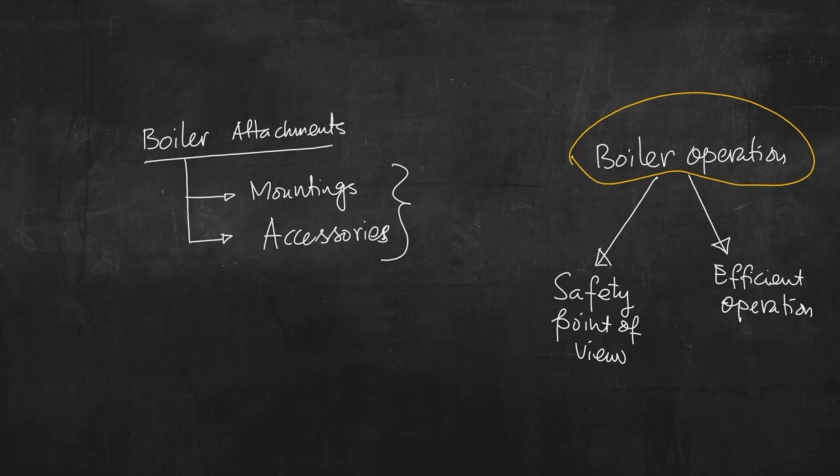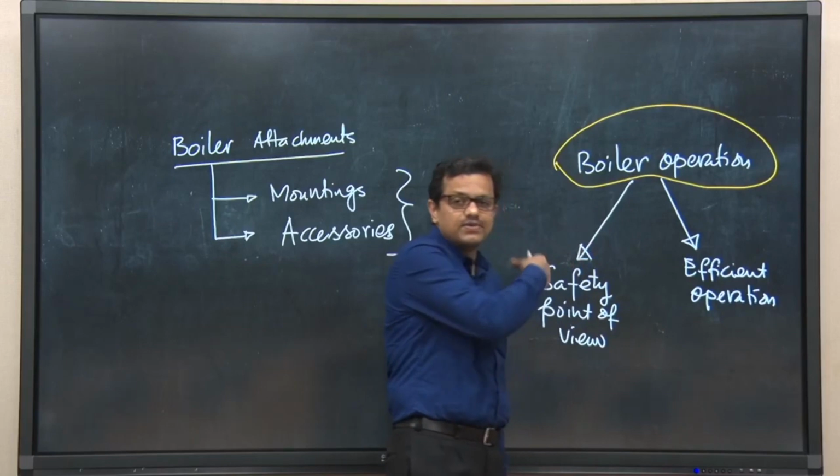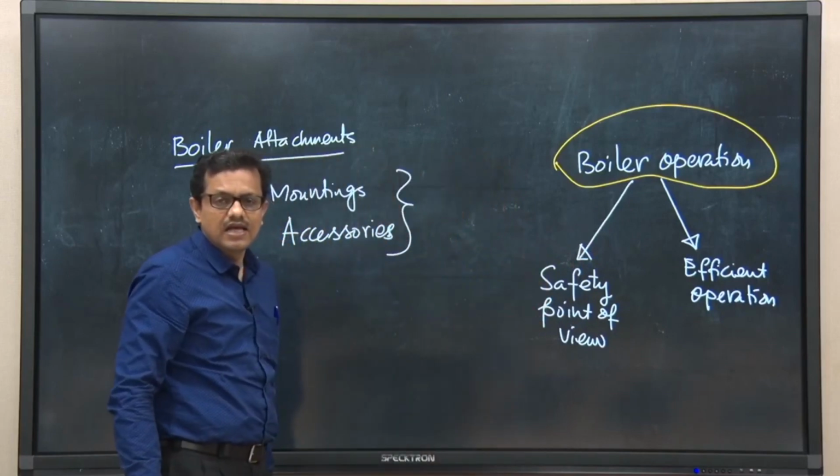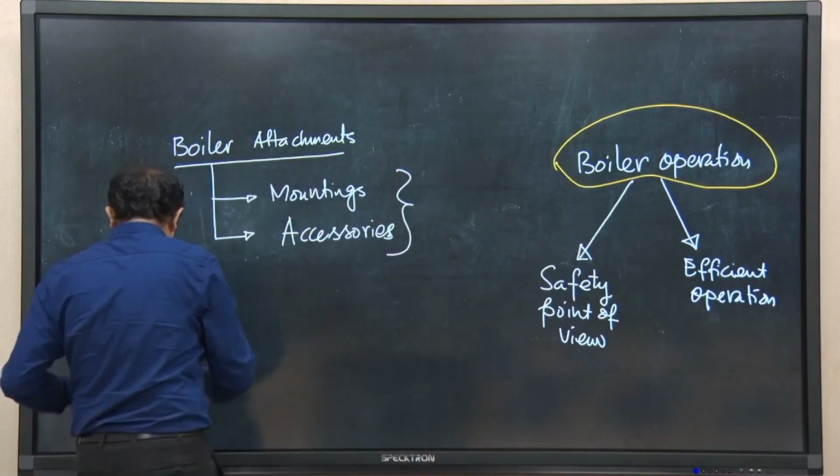While safe operation is also important, because boilers are normally operated at a high pressure, and because the boiler is essentially a closed vessel, to ensure the safety of the boiler, most importantly the boiler operator, a few components are attached to the boiler, and those are known as mountings.